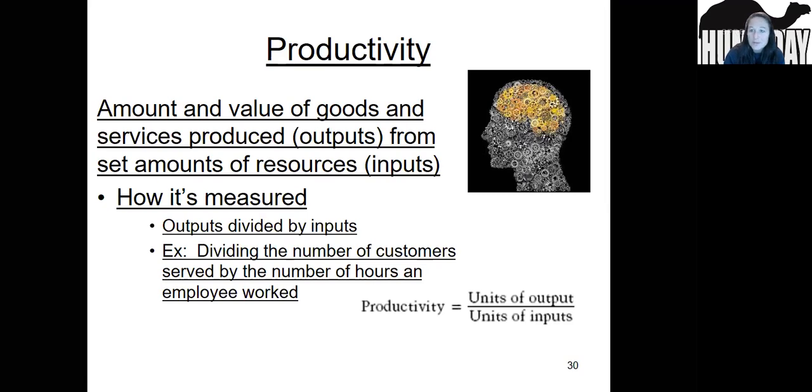So that's all we do. Productivity is just output divided by input. I gave you a specific example: dividing the number of customers served, however many customers are going through the drive-through line, by the number of hours that the employees are working. That will give you the number of customers being served every hour.